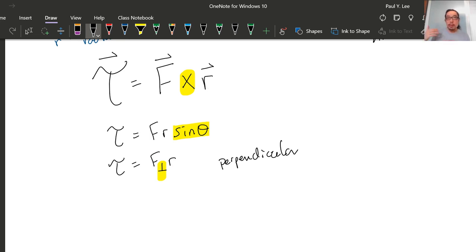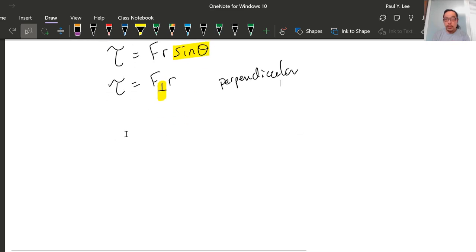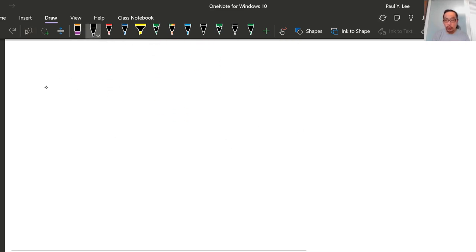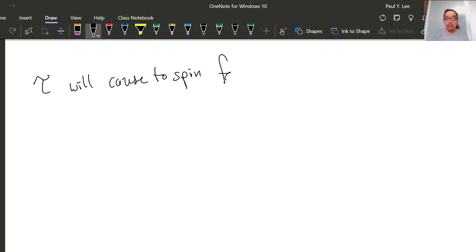All right, so let's go into one more time the idea of torque. If an object experiences torque, it will, I guess, cause it to spin faster or slower.